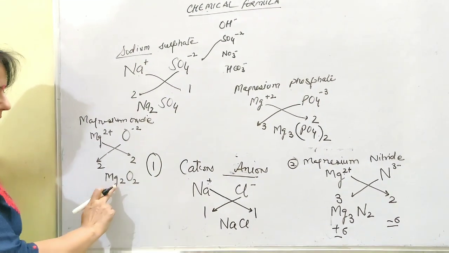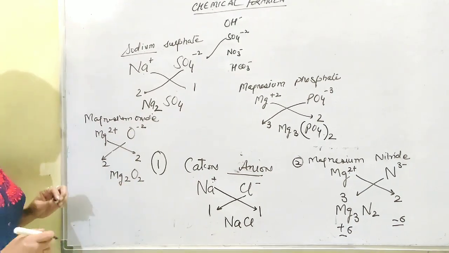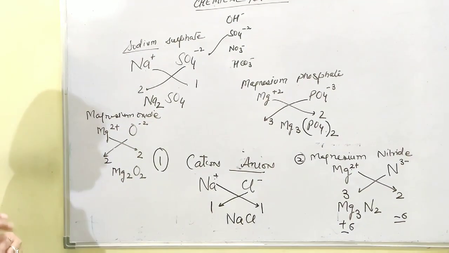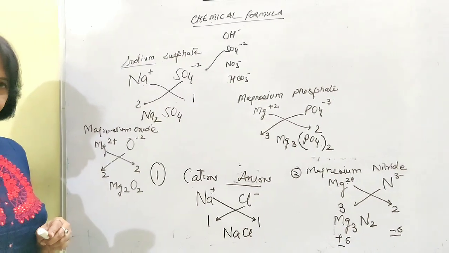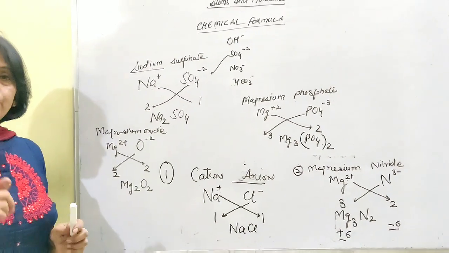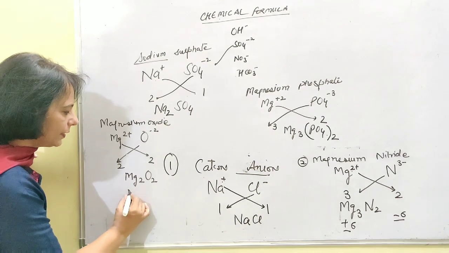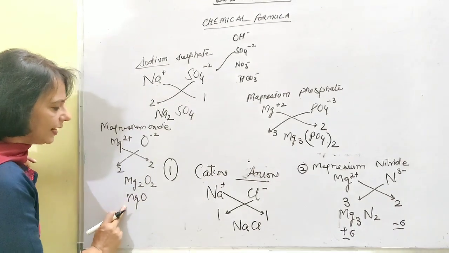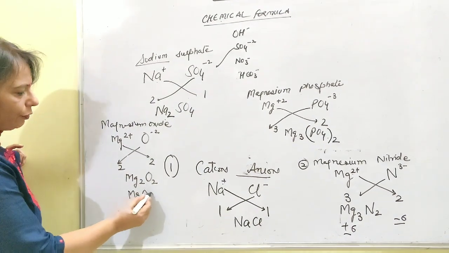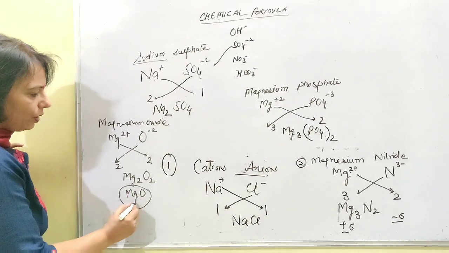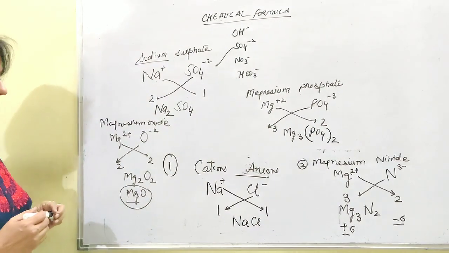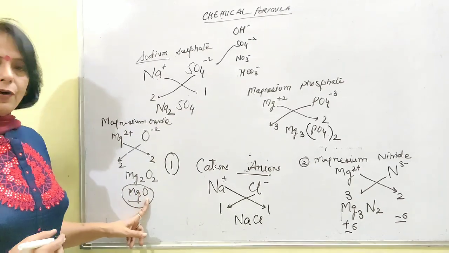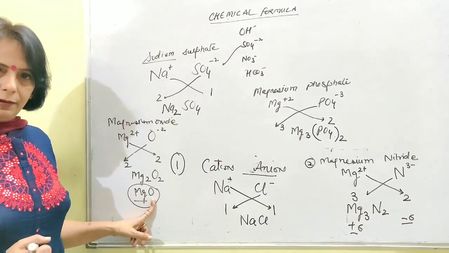Because if these 2 numbers which come in the form of subscript at the foot of the cation and anion are the same, then you need not mention them. So it will simply be written as magnesium oxide, that is MgO. That means in the formation of this compound, one atom of magnesium and one atom of oxygen are participating.